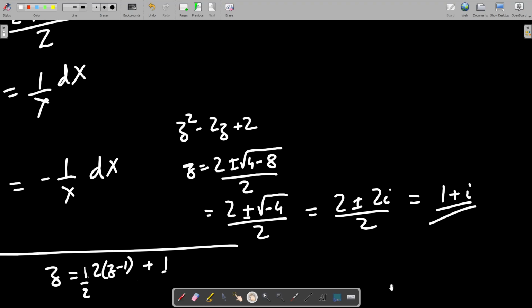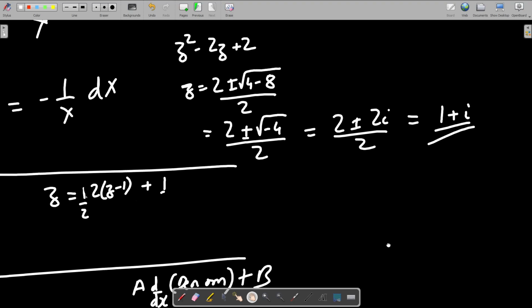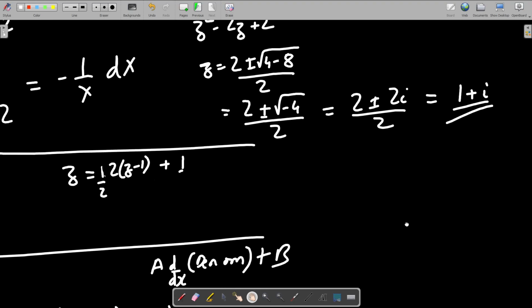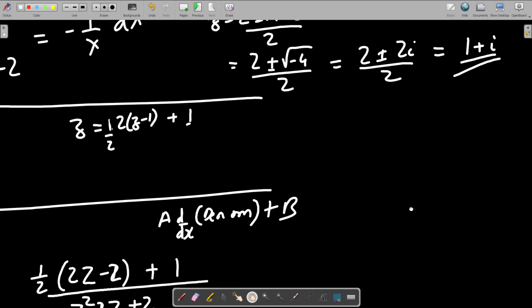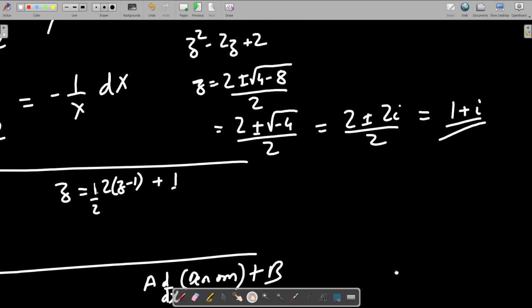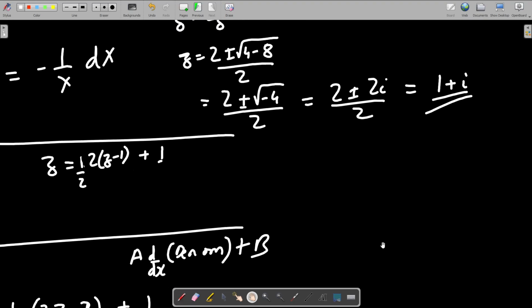One plus i is your final answer. So sorry, 1 plus i and 1 minus i is the answer. So the values of the roots here are z is equal to 1 plus i and z is equal to 1 minus i.